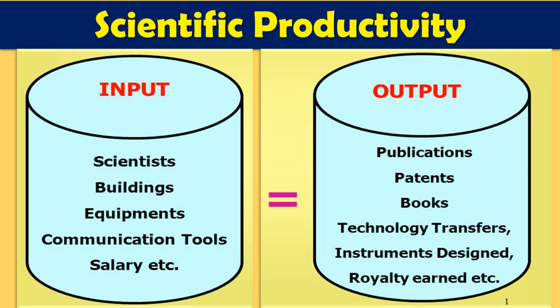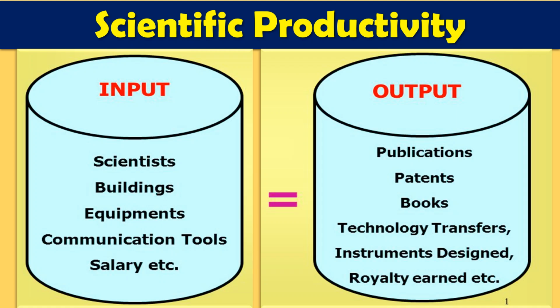Whenever we do research, we normally give some input to the scientific community in different forms, like manpower, that is scientists. Then we have different infrastructures like buildings, labs, resources, equipment, instruments, central equipment facilities, different analytical instruments, communication tools, incentives, salary, all those things. So these are called input.